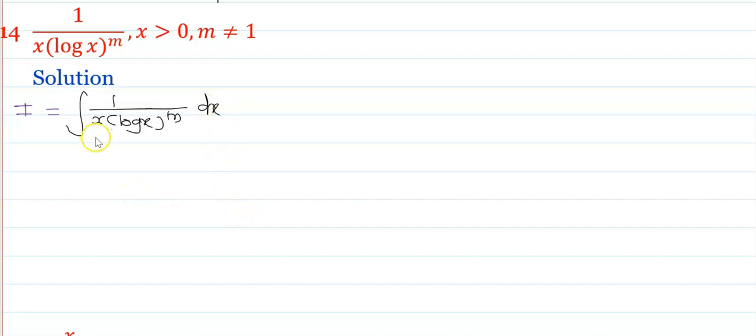Now here again the function is there. Substitution. What is that? Log of x is equal to t. Its derivative is 1 upon x. And therefore, we substitute here, put log of x is equal to t. Its derivative, 1 upon x into dx is equal to dt.